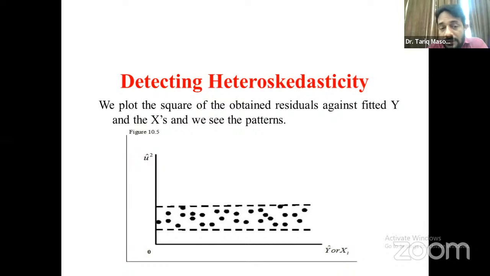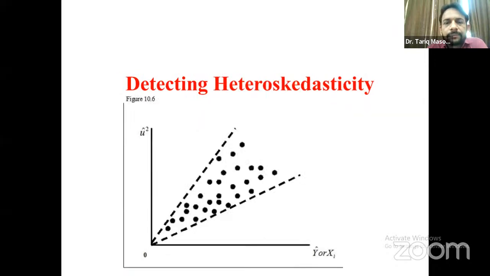There is no change in variability of u cap over the values of x. So this is a clear case of heteroscedasticity. Again, the variables are the same, and there is a change in variability. Initially there is very little variability, and over the values of y cap and x, there is an increase in the variability.